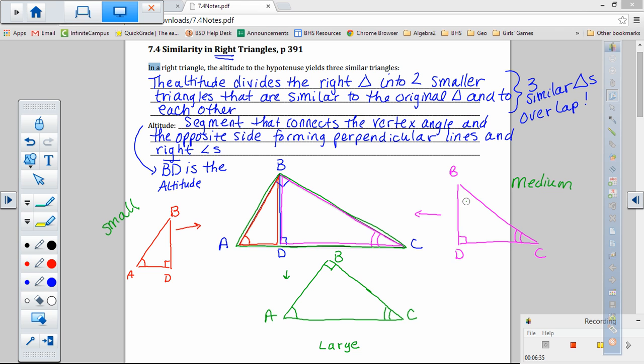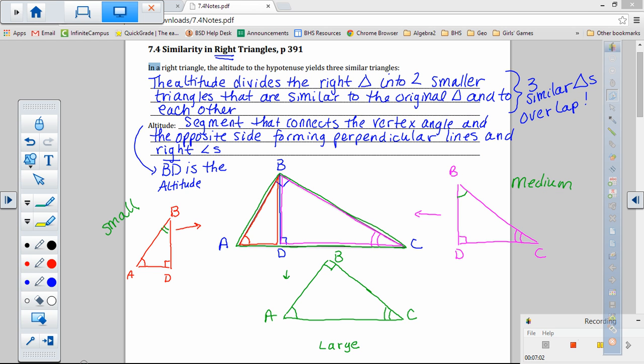It would have to, because this is already 2 and corresponds to C. So this would have to be 1 bar. So you can place that in here. When you look at your small triangle, it has the 1 bar and the right angle. It just needs to have the 2 bar placed in. So you put that one in up here. And now all 3 of those triangles are complete with all their markings. What's really cool about it now is that they're all similar to each other and all of their sides are corresponding to each other.